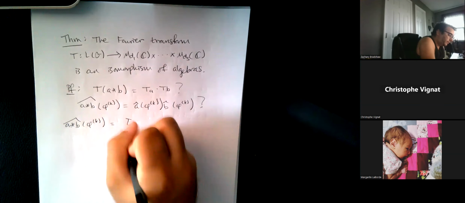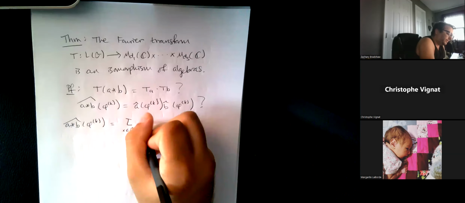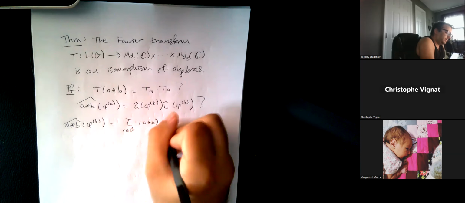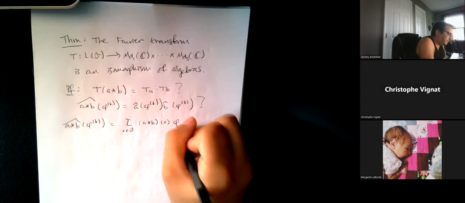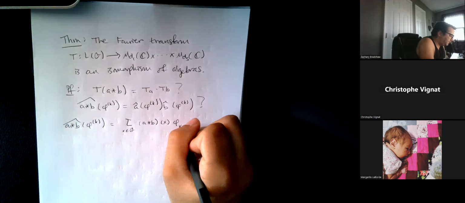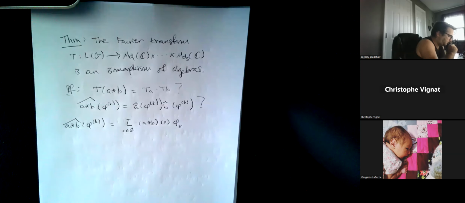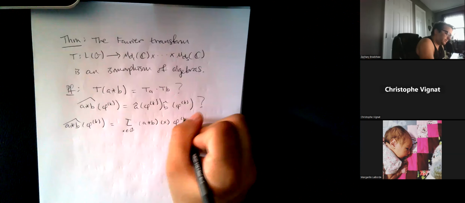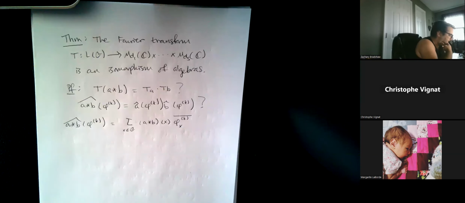This is the sum over x in G of the convolution of A with B evaluated at x times phi x. Why do I have an x here? Okay, I've written some bad notes. Give me one moment.